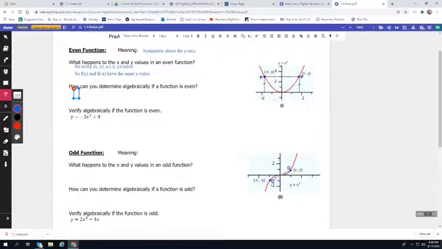Okay, so how do you determine algebraically if a function is even? Basically, what you're going to do is plug in negative x. You're going to plug that in for x, and then simplify.